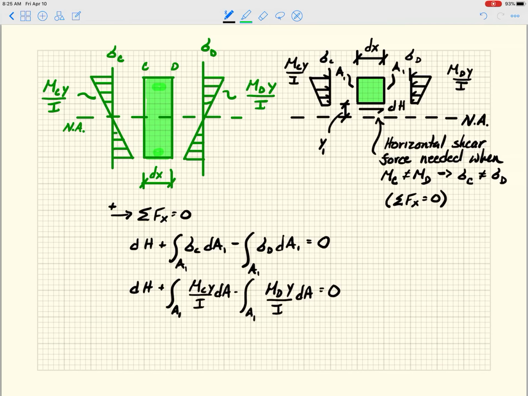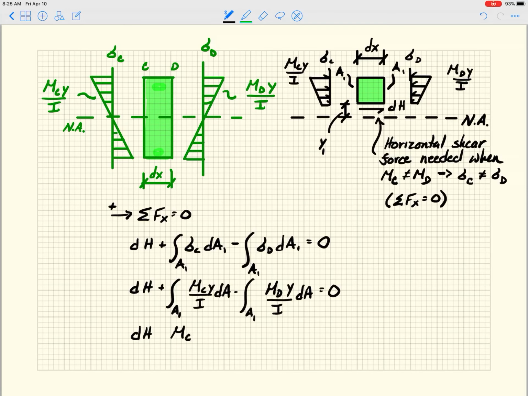Now, at the cross section, MC and MD are constant. They do vary along x, but at a particular x, it is a constant, and I is also a constant. So this reduces to the following.